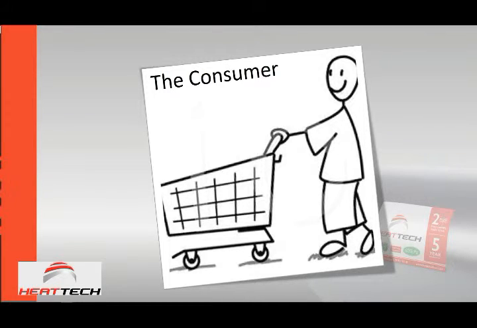So anybody walking into a retail outlet and buying a toilet flush valve from the shelf, the law says, I can expect this flush valve complies to the national standard.